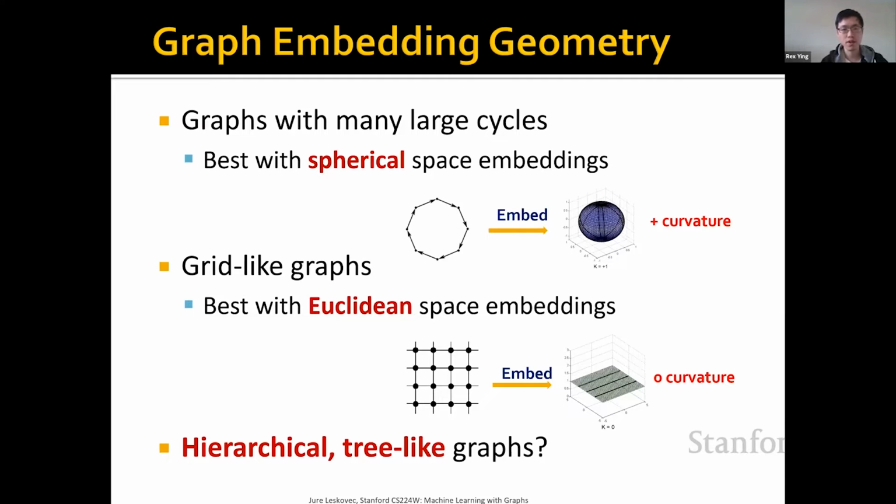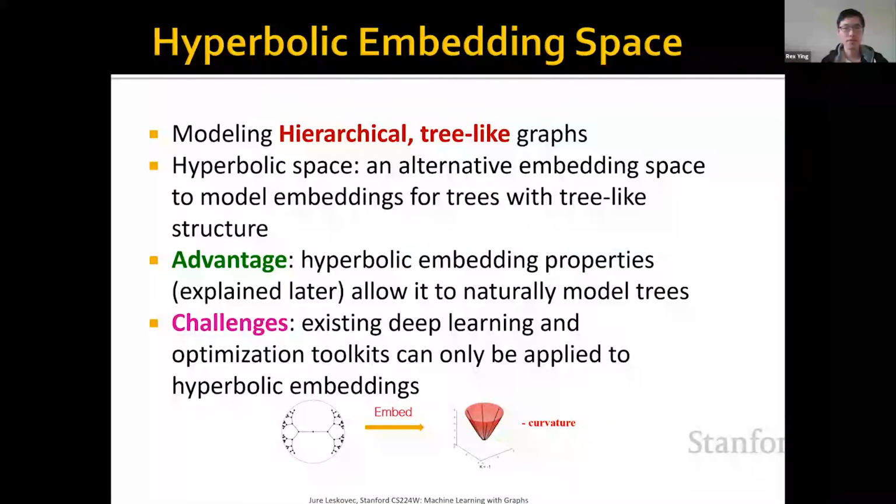So how about hierarchical and tree-like graphs? For these kinds of graphs, we're considering the use of hyperbolic space, which is an alternative embedding space to model embeddings for graphs with tree-like structure. The advantage of hyperbolic embedding space is that it naturally models trees, and we will elaborate on these advantages in later slides where we explain the definition.